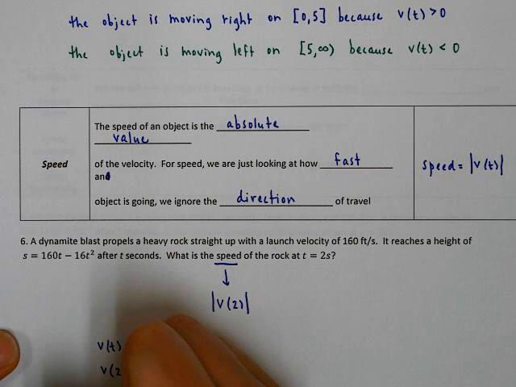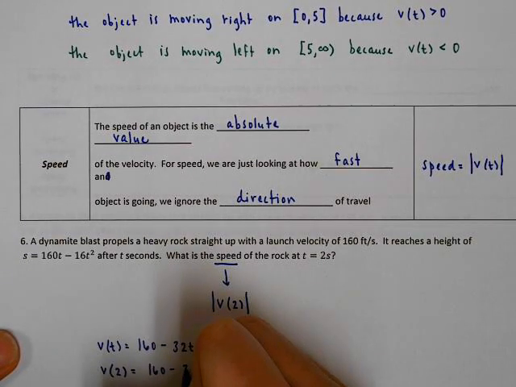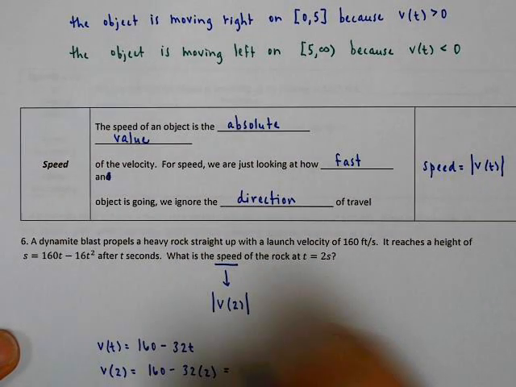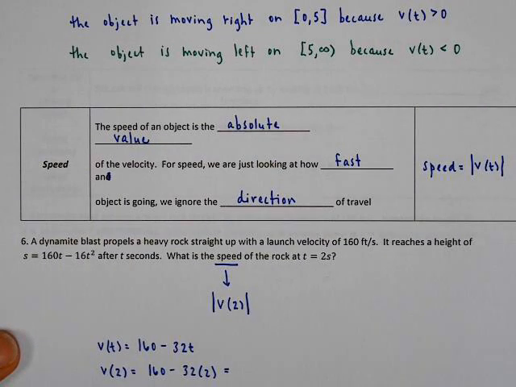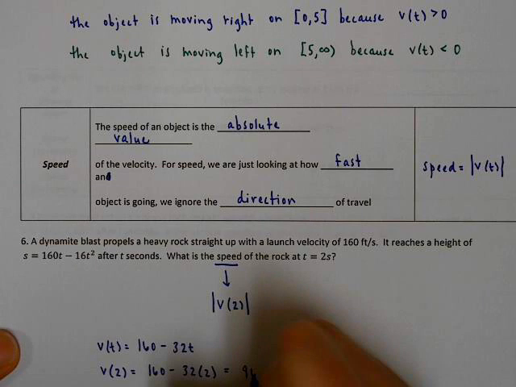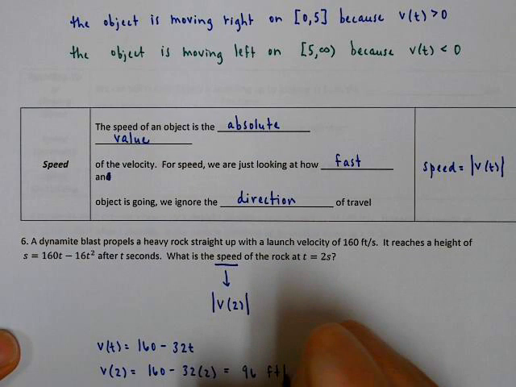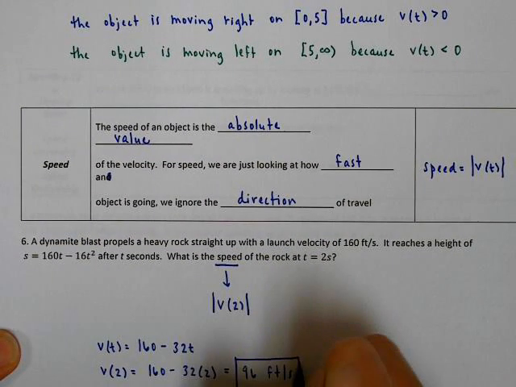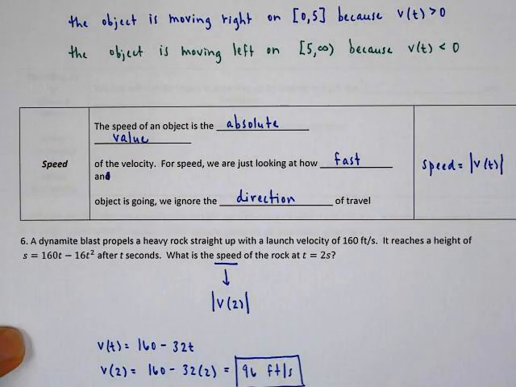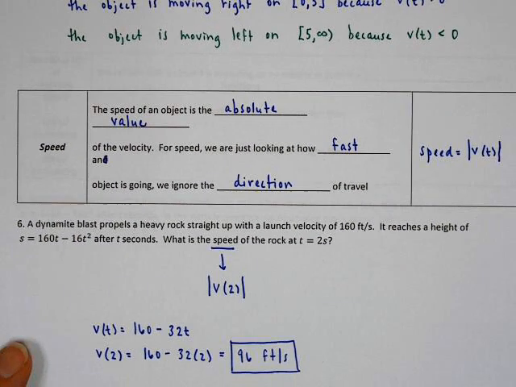Velocity at time 2 is going to be 160 minus 32 times 2, which is 96 feet per second. And in this case, since that's a positive value, our speed and our velocity are going to be the same.